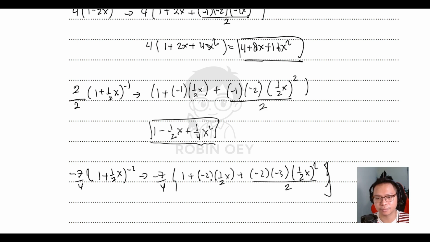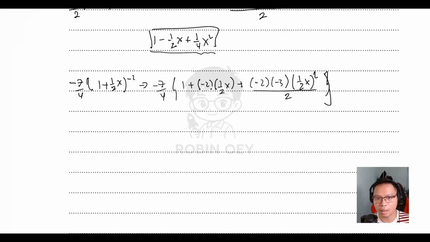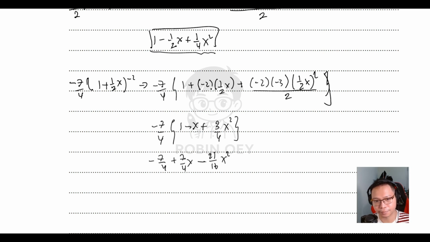Now it will become -7 over 4 multiplied by (1 minus x plus 3 over 4 x squared). So the final answer for the third expression would be -7 over 4 plus 7 over 4 x minus 21 over 16 x squared.